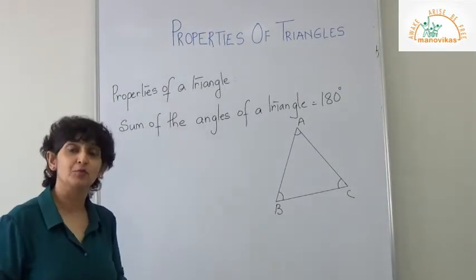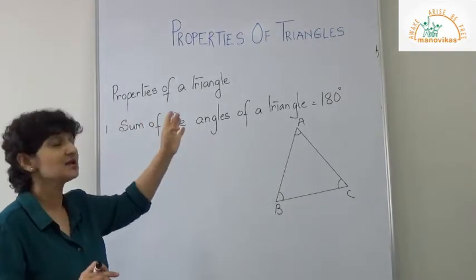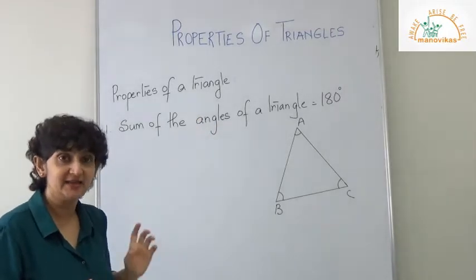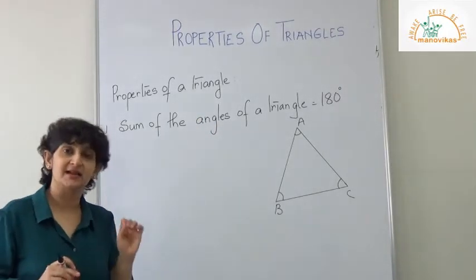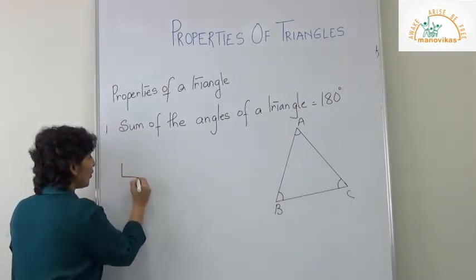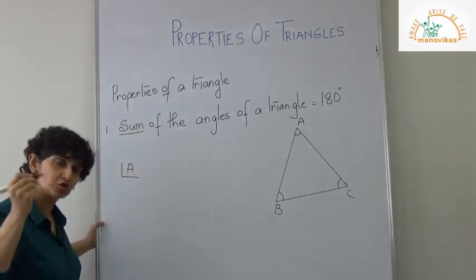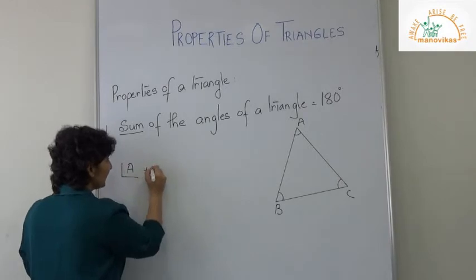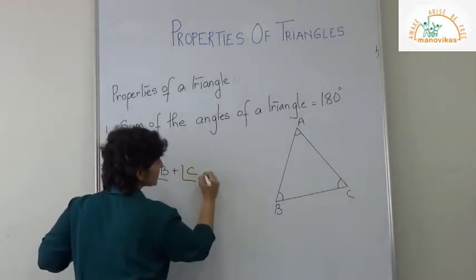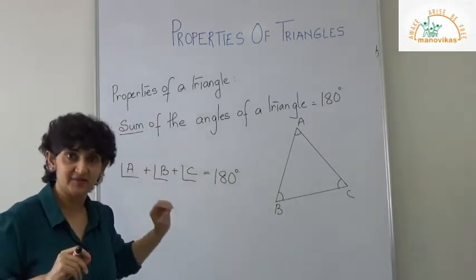Now when we come to the properties of a triangle, the first one says the sum of the angles of a triangle is equal to 180 degrees. What do I understand by this? Any triangle, if you take, children, and you add all the three angles, the sum means to add. So when I add angle A plus angle B plus angle C, all this should be equal to 180 degrees.